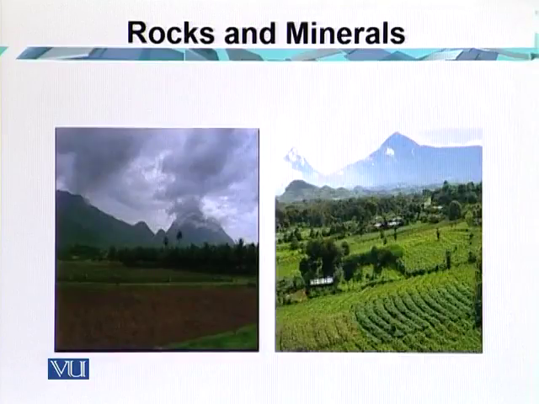The younger rocks in the volcanic area of the highlands develop a deeper, more workable and fertile soil. These soils are more productive for agriculture. Various limestones are worked to produce lime for agricultural use, and gypsum for improving the structure of the clay soils.